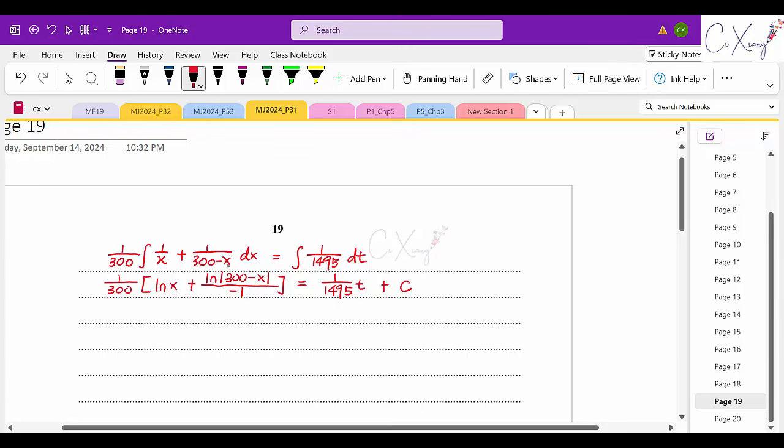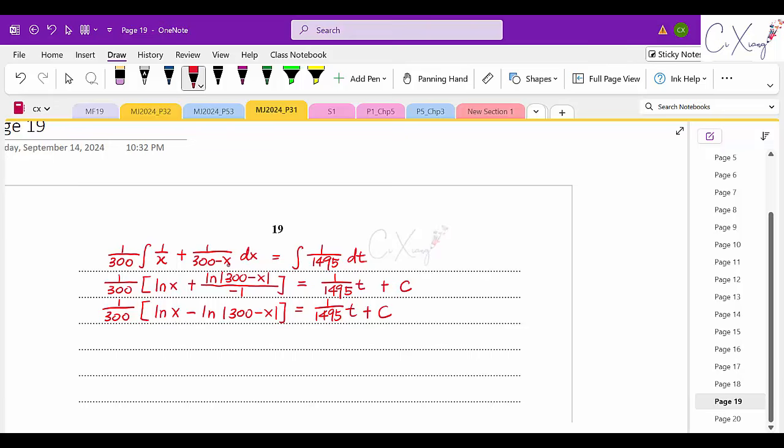Then again, before I continue further, I will want to simplify my answer first, so that it looks nicer. Now my next part is I want to find the value of c, before I can simplify all my answer.